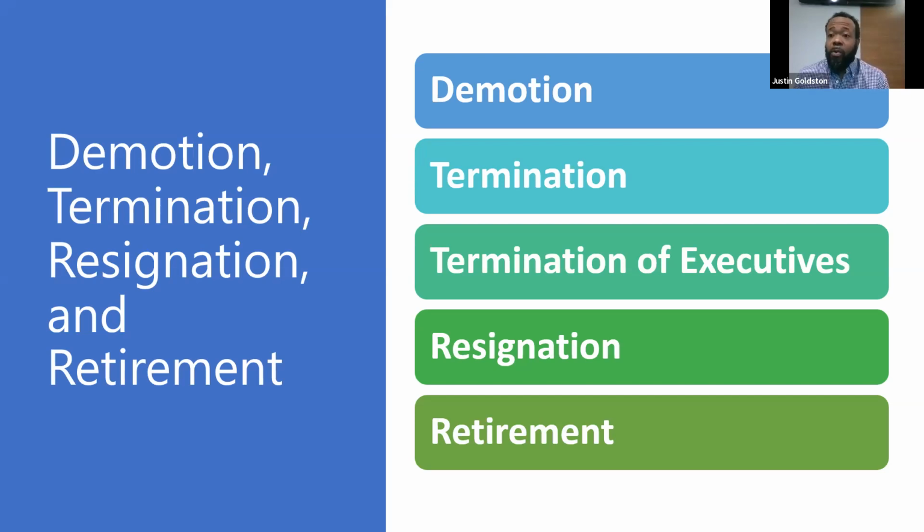So stockholders. If you own stock in a company and then you all of a sudden see that the CEO was terminated, okay, what's going on with that company? That may cause doubts in that organization's capabilities, and that may have a negative impact on the organization as a whole. Okay.